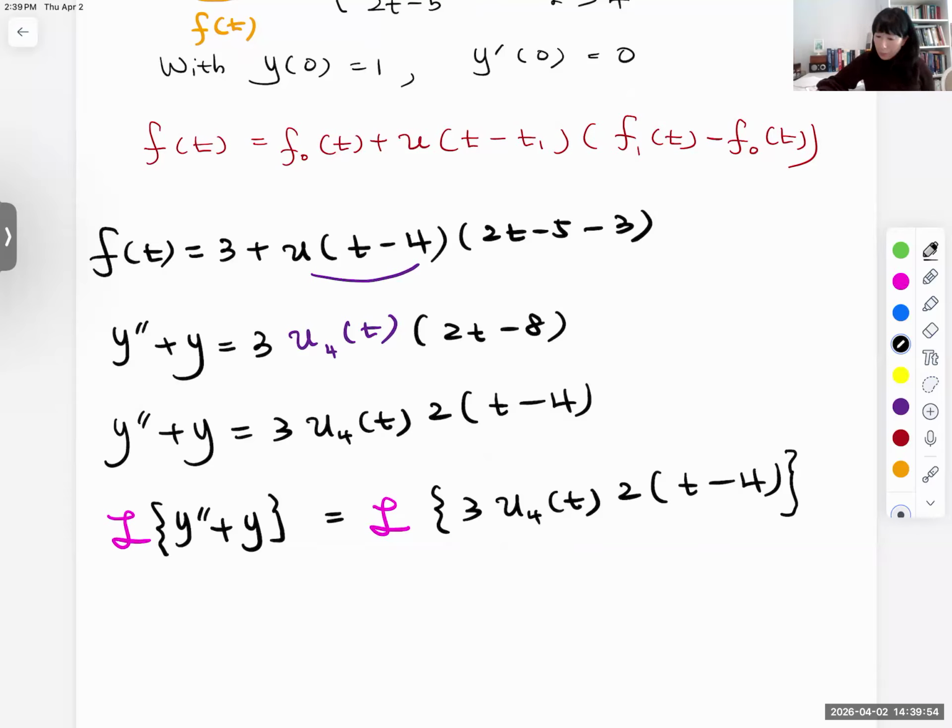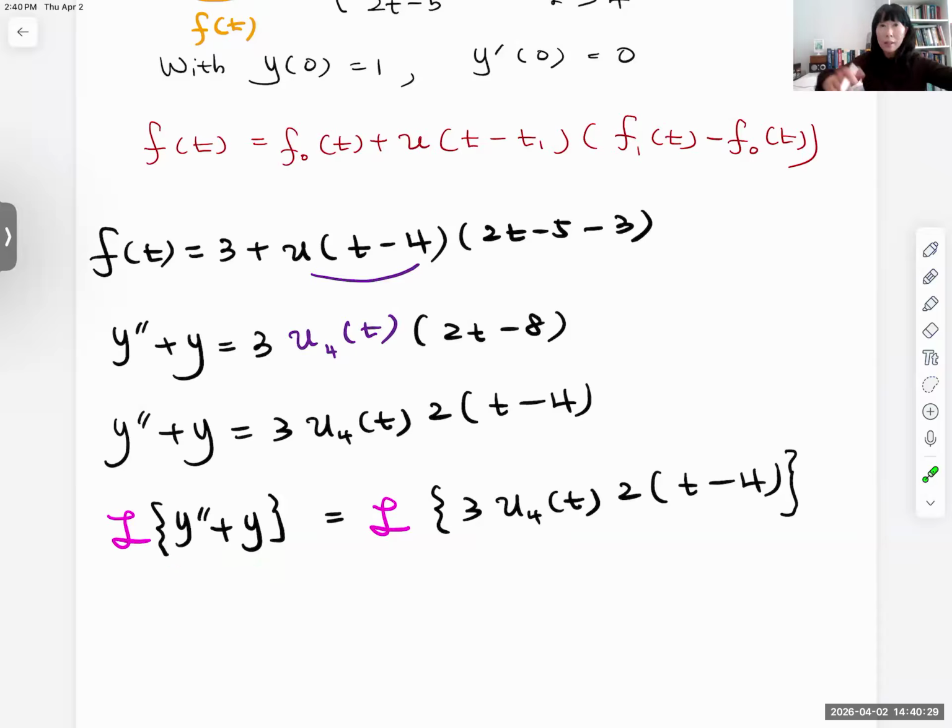Then let's make a 2 here, which is 6, right? No, we keep that. So let's make the Laplace transform of each term.